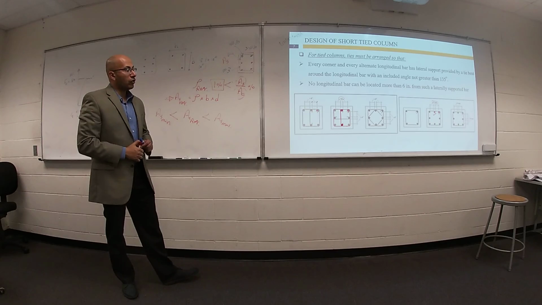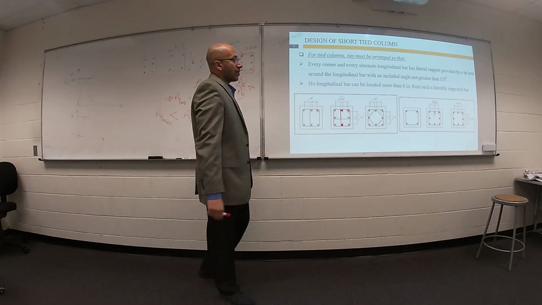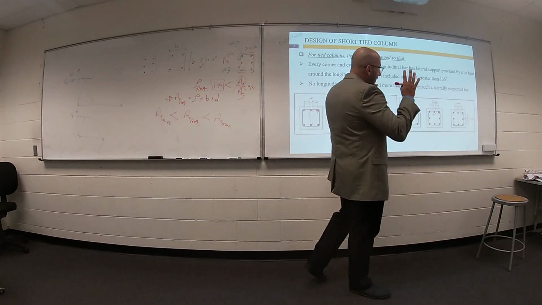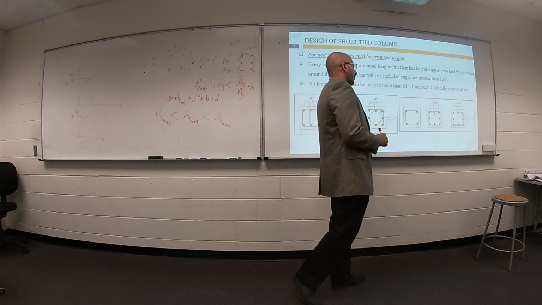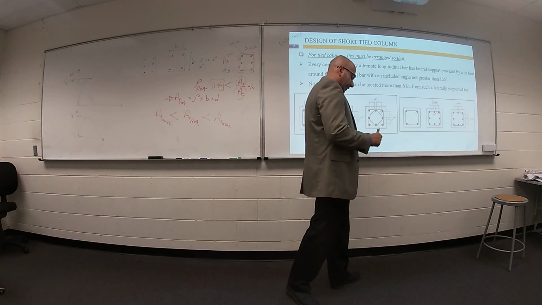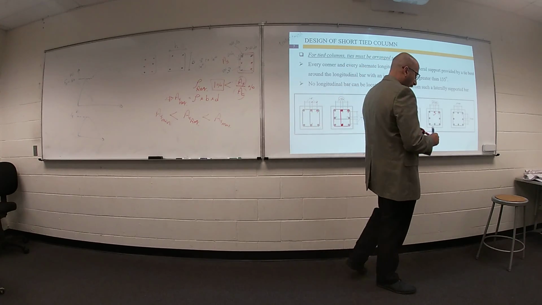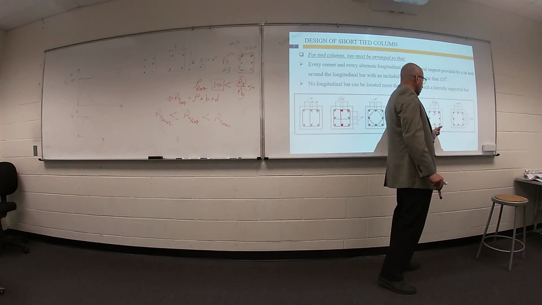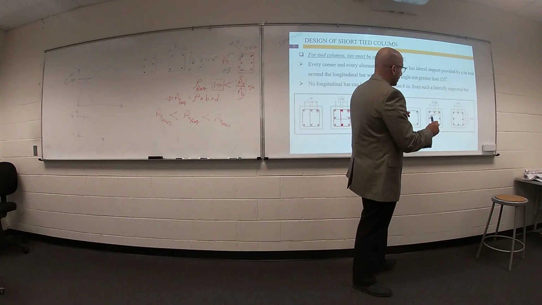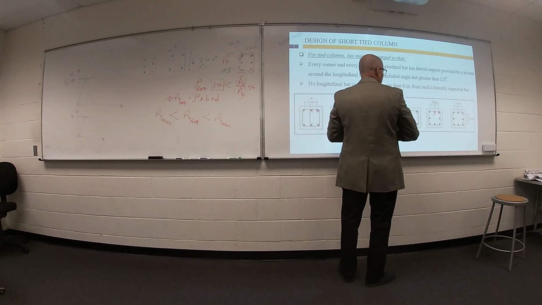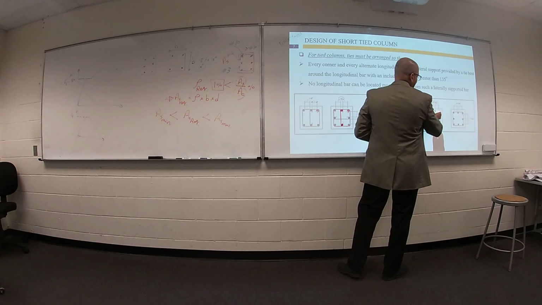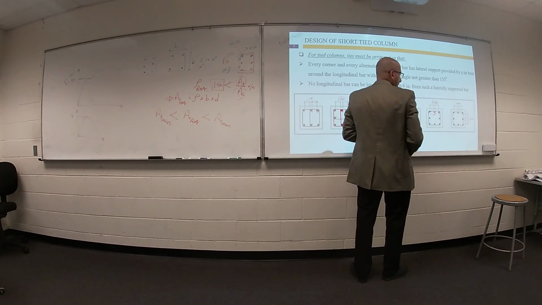So all of these details must be respected in your design. If this distance is 6 inch or smaller, I don't need to add more legs in your tie to support the intermediate bars. The corner bars are fine, because we have a leg here and a leg here, 2 legs.